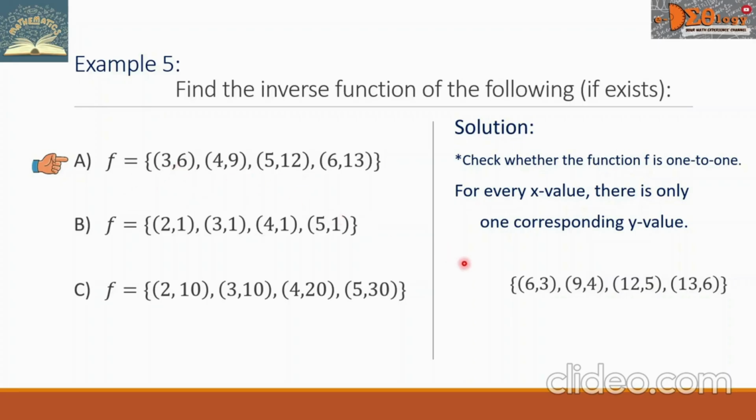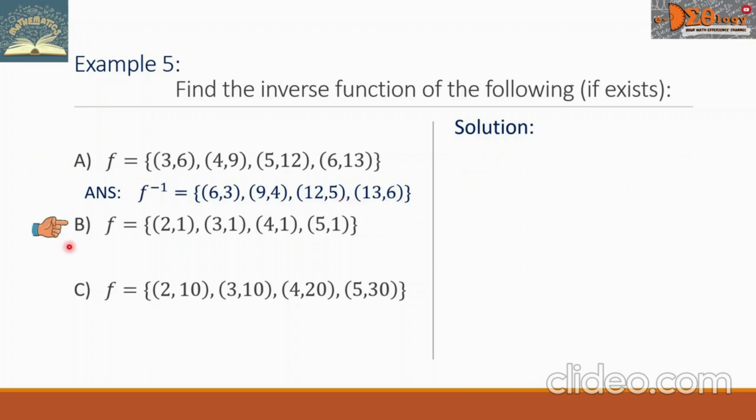So the (3, 6) becomes (6, 3), (4, 9) becomes (9, 4), (5, 12) becomes (12, 5), (6, 13) becomes (13, 6). And this is the symbol f inverse. This is the inverse function for this corresponding function. Then we write this answer below problem A.